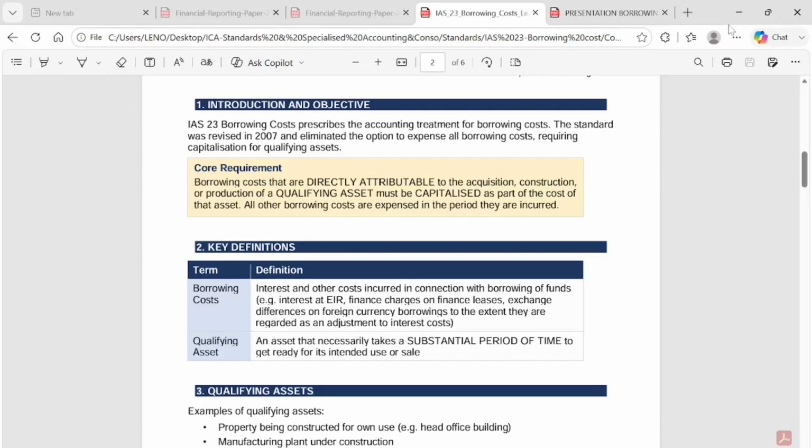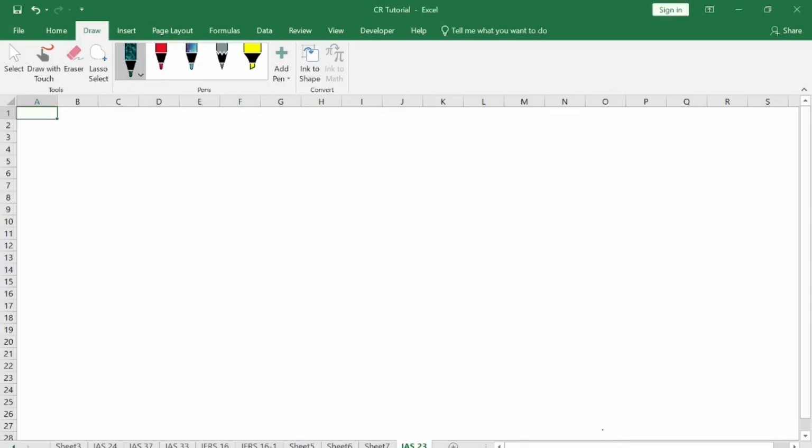So today we'll be looking at IAS 23 borrowing cost. Borrowing cost was revised in 2007, and that revision eliminated what we call the option to expense borrowing cost. What this means is this.